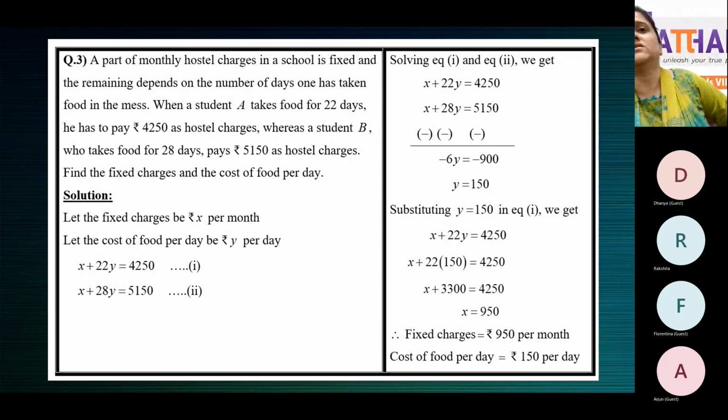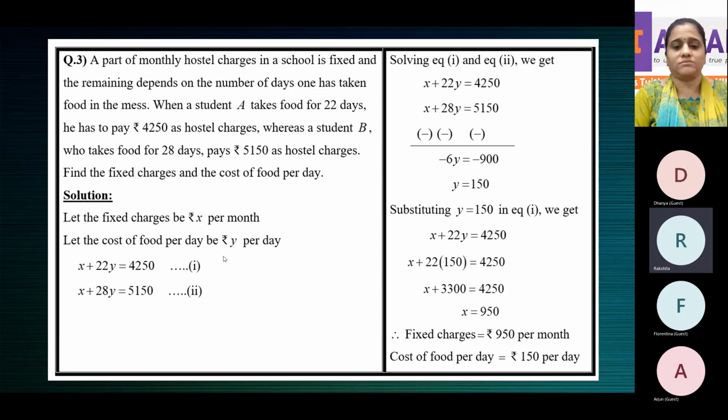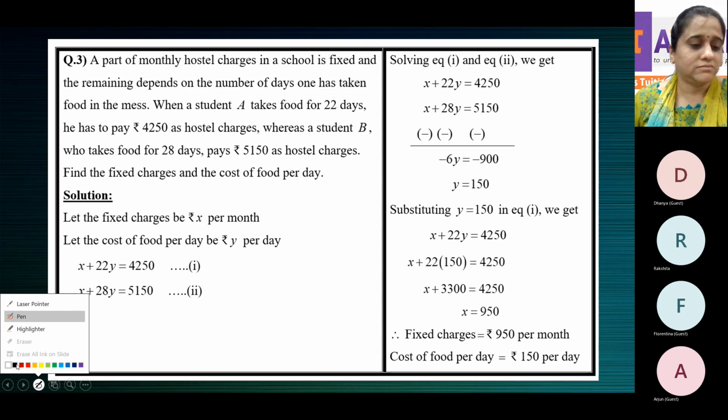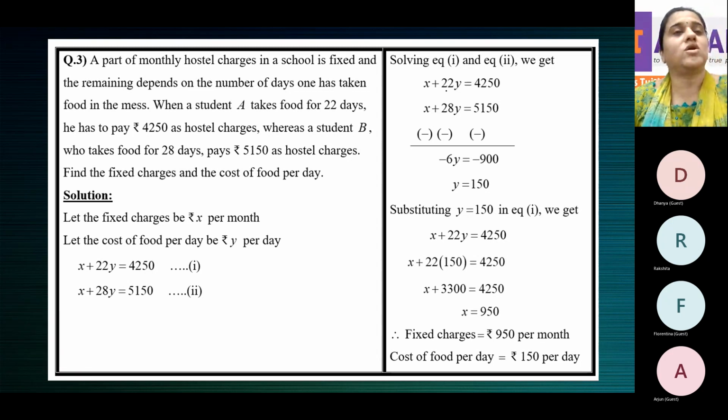Very good, Madhumita. Who else online? Tanya, very good. Rakshita, very good. Got 150 and 950? Yes. Very good. Sashank also got it.